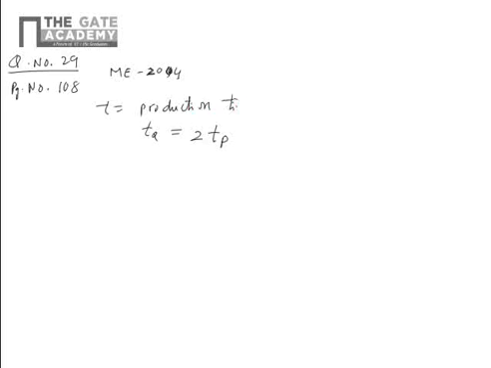Whatever he has given in the problem data, we will write. And the company has a maximum of 2000 units per day. So P plus Q, maximum of 2000.